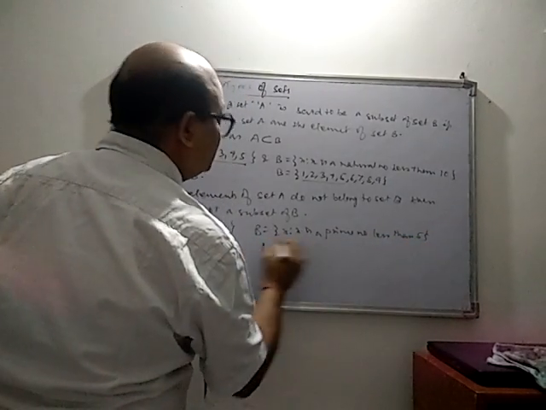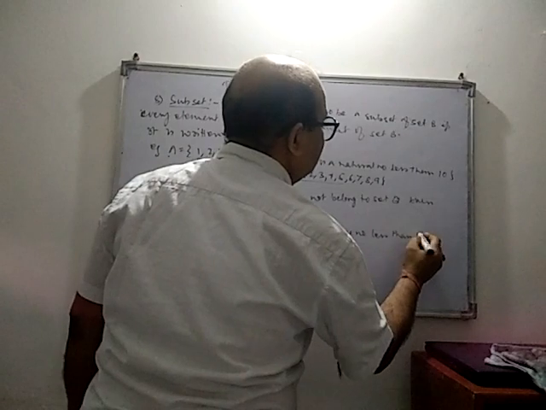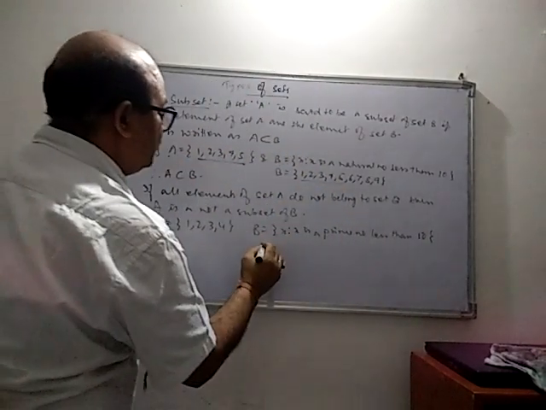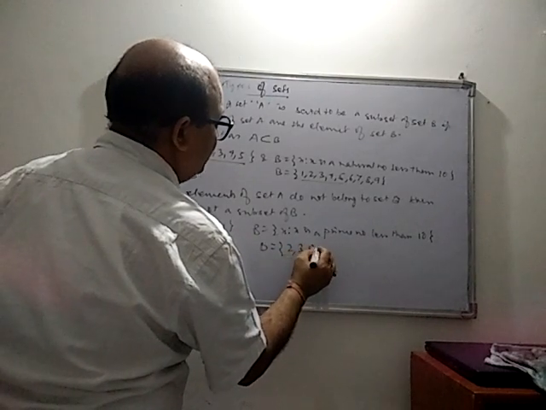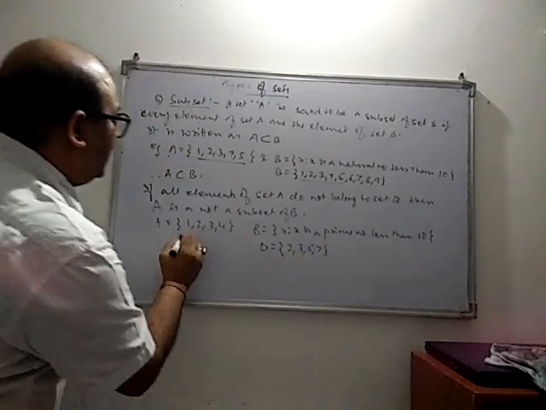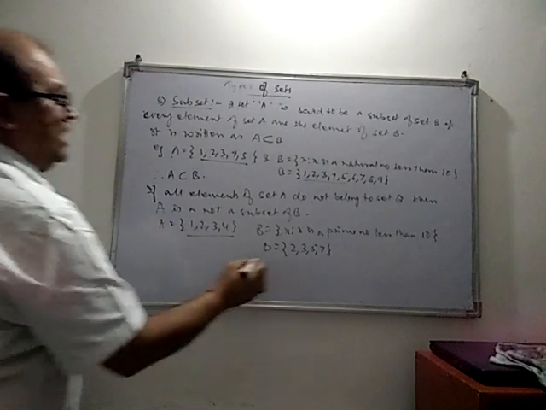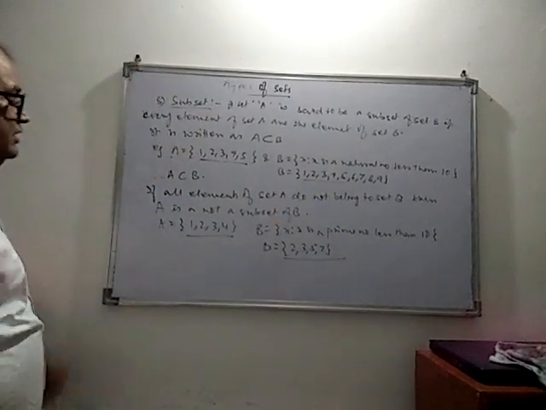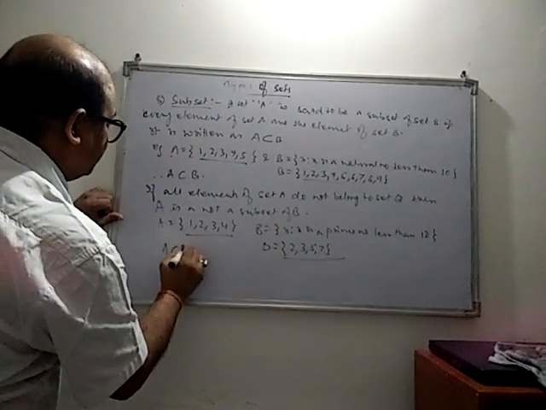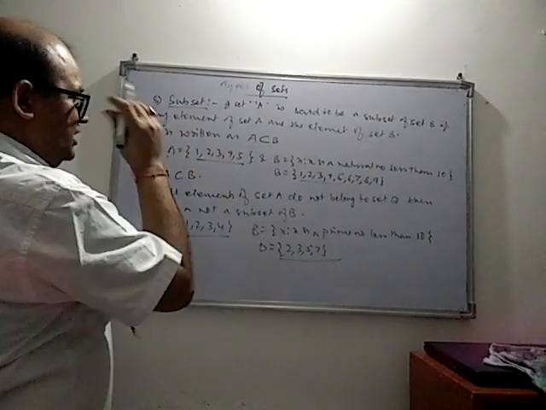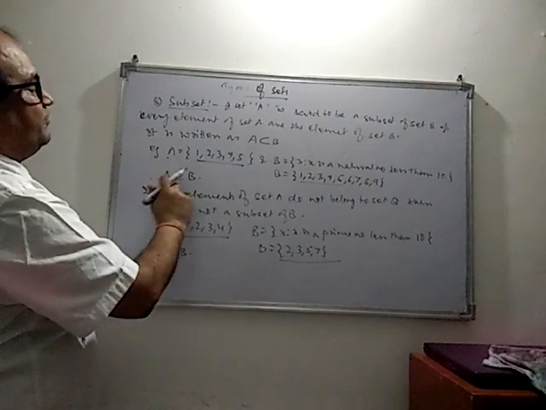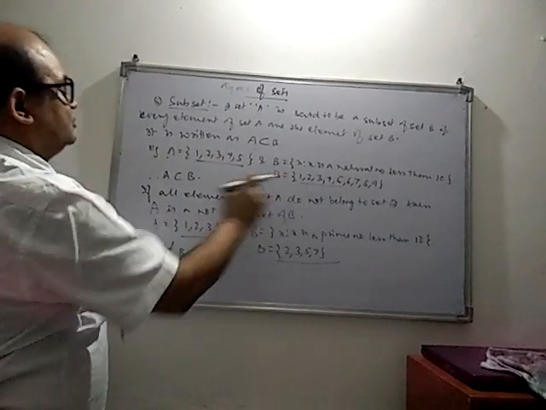Here B can be written as {2, 3, 5, 7}. Now see, all elements of set A are not in set B. Therefore, A is not a subset of B.